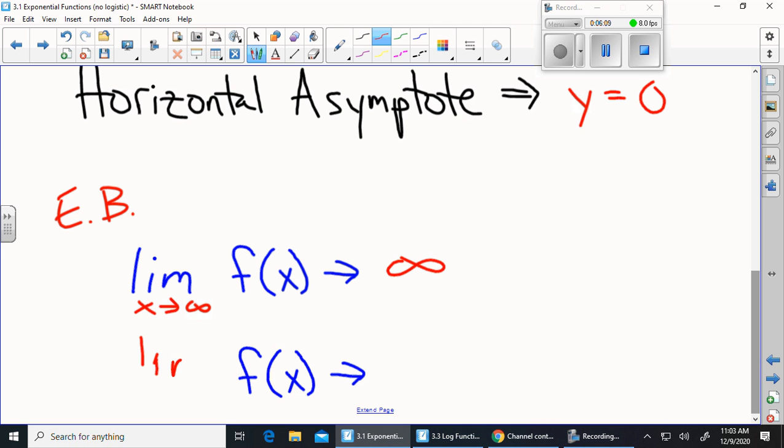As I go, limit as x approaches negative infinity, I'm getting closer and closer to 0. So the strange thing about exponential functions is to the right, one of them goes to infinity, or negative infinity if it's flipped. To the other direction, it goes to 0, or a number if it's shifted.